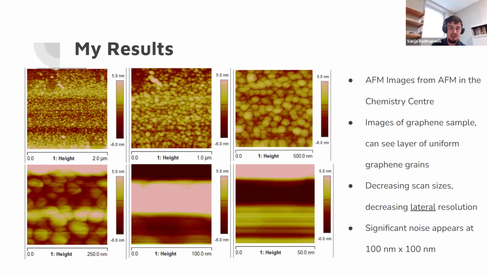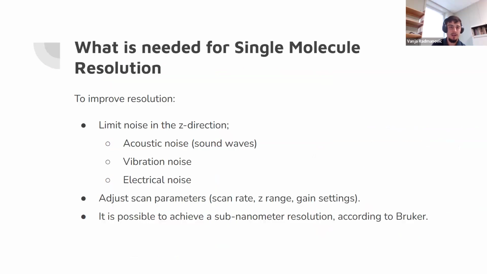And like I mentioned earlier about the actual size of the ideal molecule we're trying to image, the PTCDA molecule, its vertical height is more around 1 nanometer. Right now we're at about 10 nanometers. So one of the goals moving forward is to improve resolution in the Z direction in order to succeed in imaging the PTCDA molecule.